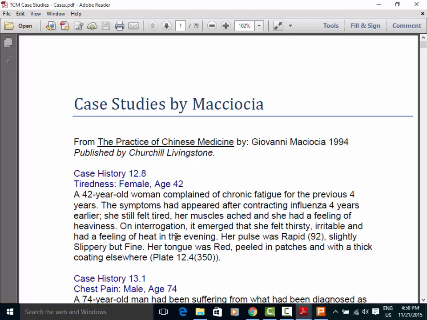We say Bi syndrome, painful obstruction due to wind damp. That is an illness and pattern differentiation. So it's a really roundabout way of answering your question.